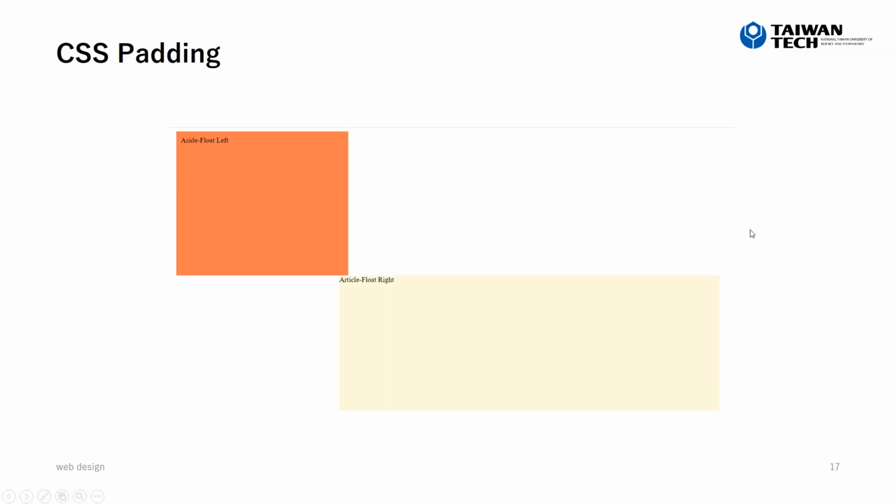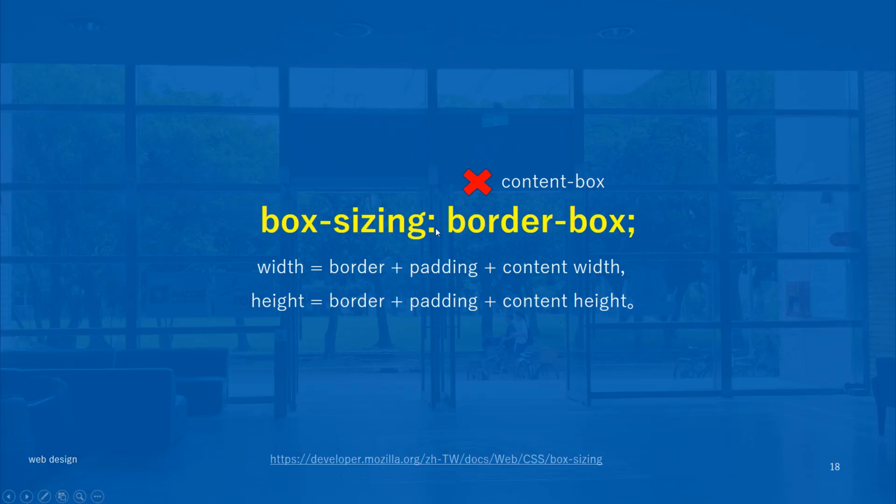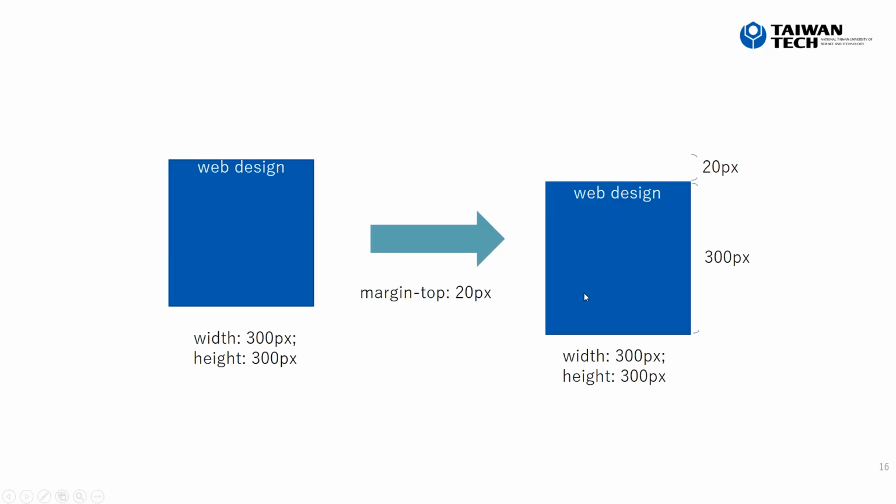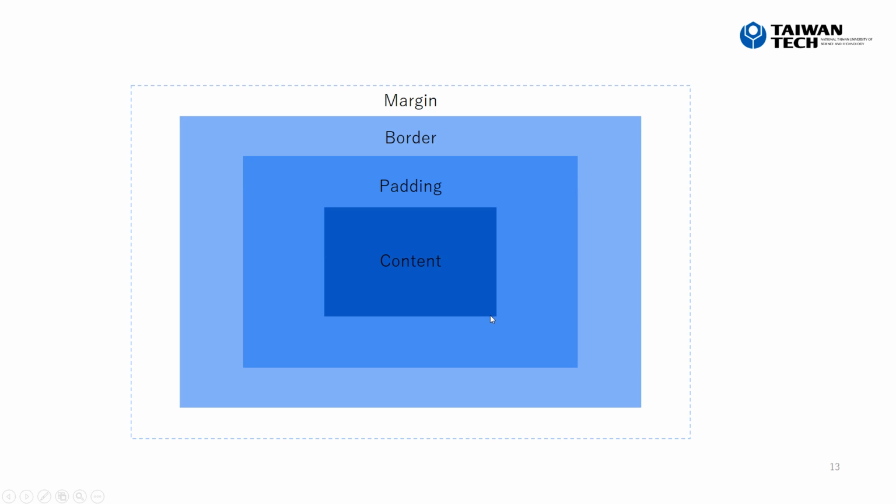Now we are just the same with these standards. We will use box sizing for the box because traditionally the width is content box. What is content box and what is border box? If today you are content box, our width refers to the content width, and if today we change the box sizing to border box, we will see the width includes border, padding, and content.